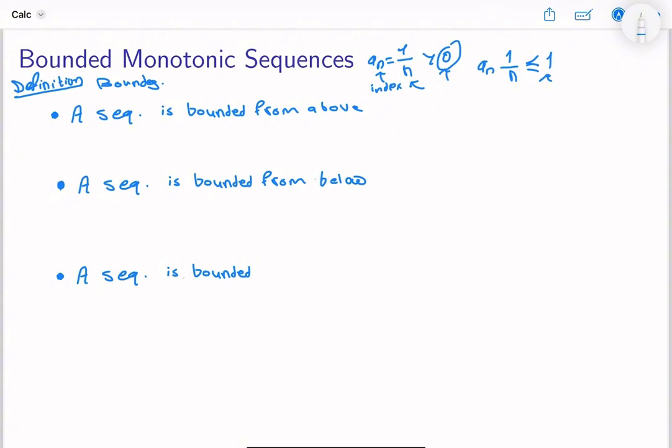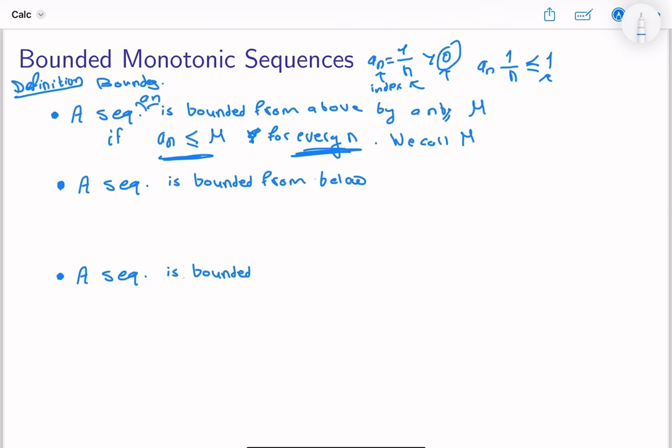A sequence, let's say an, is said to be bounded from above by a number m if an is less than or equal to m for every n. I stress that the "for every n" is important here, in which case we call m an upper bound.